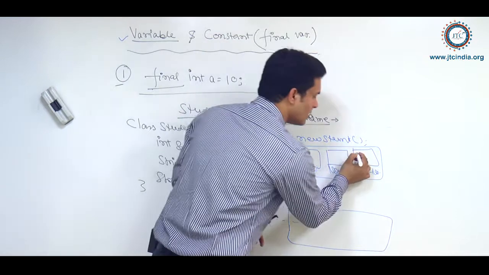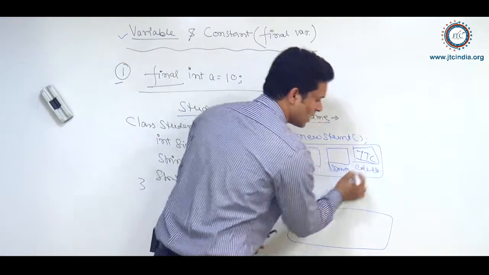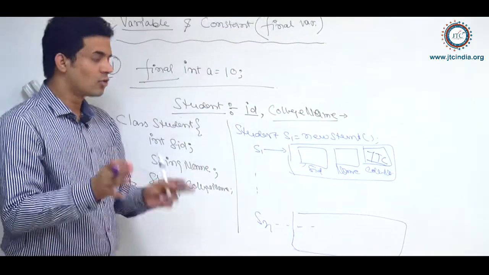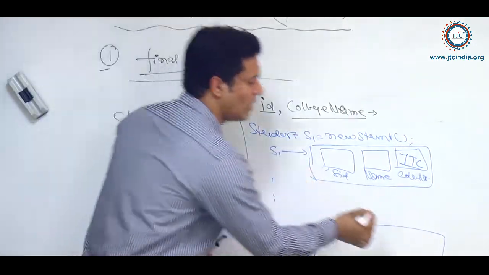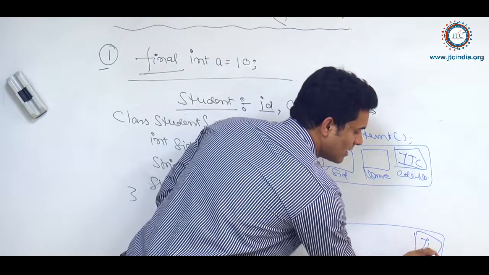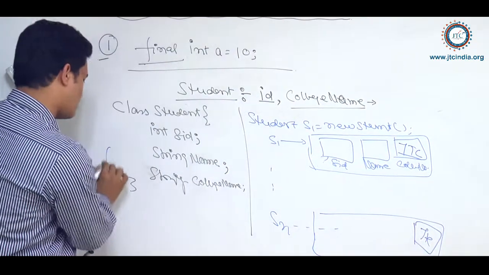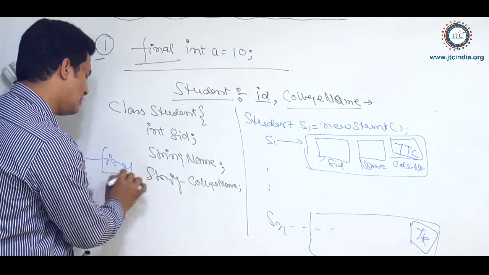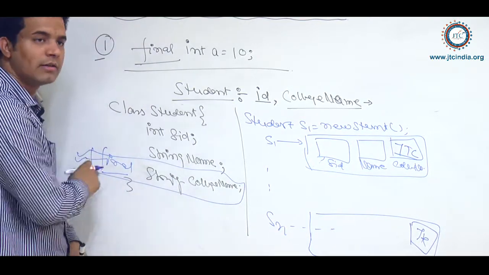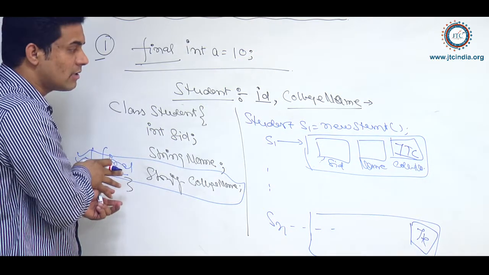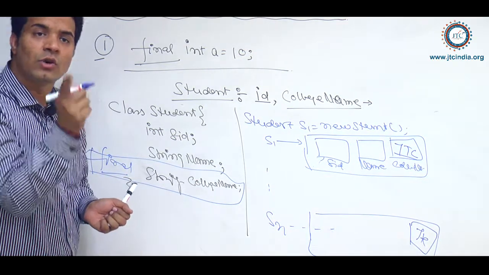Or maybe if we are writing it, suppose here I am writing JTC as the college name. When I am writing JTC, all the places it is the same, so I can say that we are declaring it as final. When I declare it as final, this could be a constant. But even if it is a constant, why write it again and again?